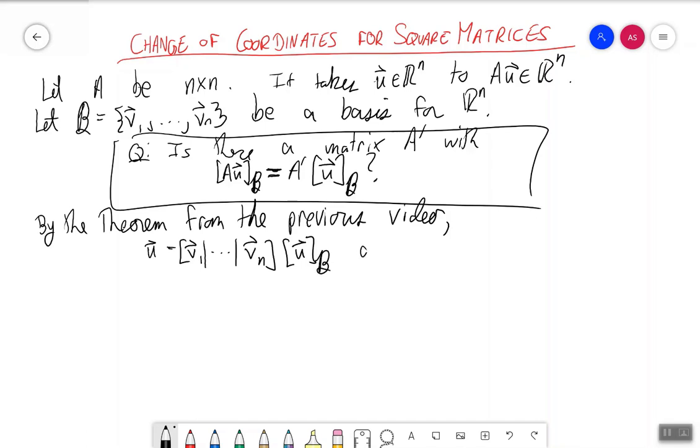And we also know that we can do the same thing with A times u, because A times u is also a vector in Rn. So it is equal to v1 through vn times the coordinate vector of Au with respect to B.